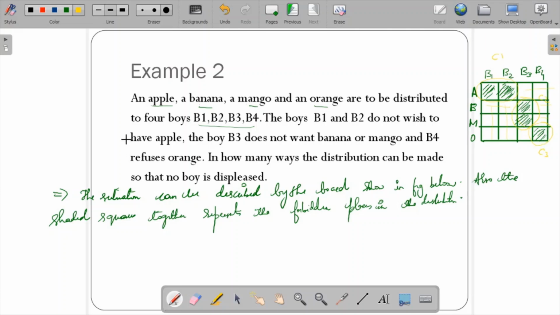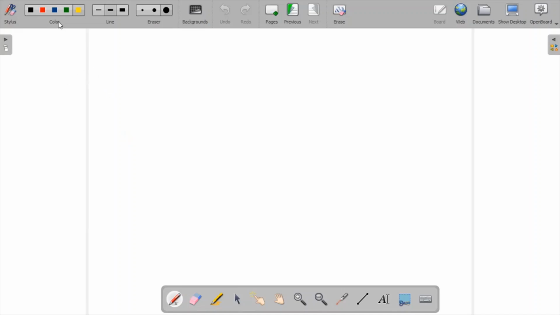So let us consider the board C, consisting of the shaded squares in the figure above.